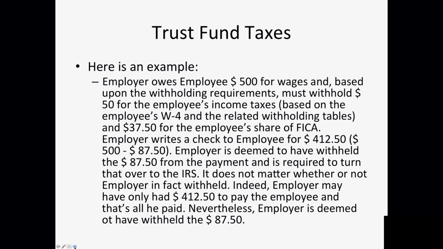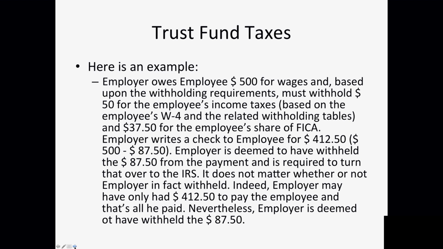The employer is deemed through this fiction to have withheld the $87.50 from the payment and must turn that over to the IRS. It doesn't matter whether or not the employer in fact withheld. In fact, the employer may only have $412.50 at its disposal to pay the employee, and that's all the employer ever pays.